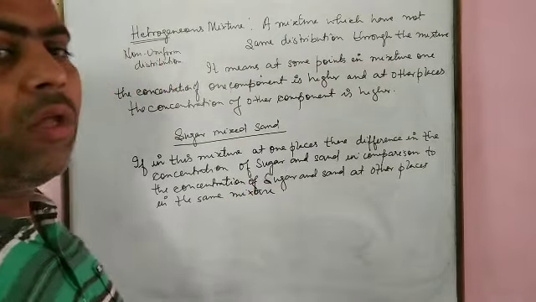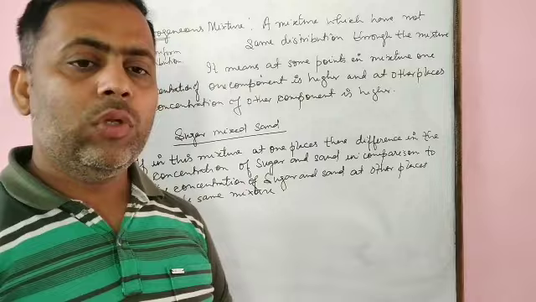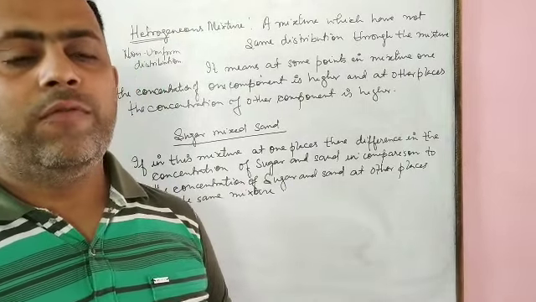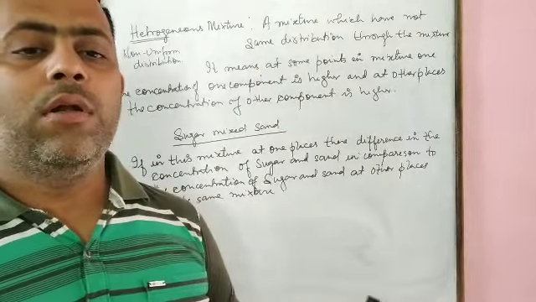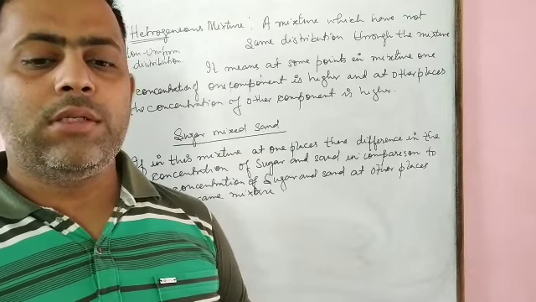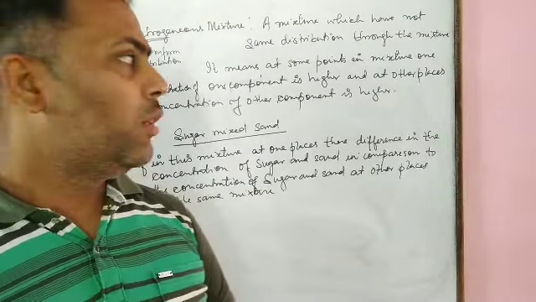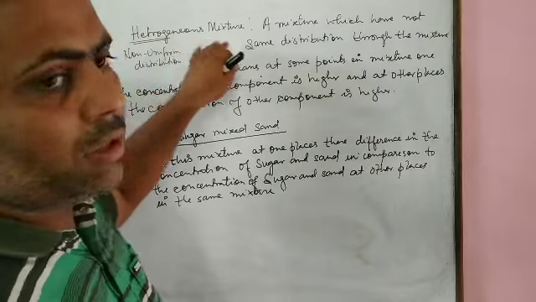What we conclude, if there are mixtures and they have different concentrations of different substances at different places, then that is termed as a heterogeneous mixture.